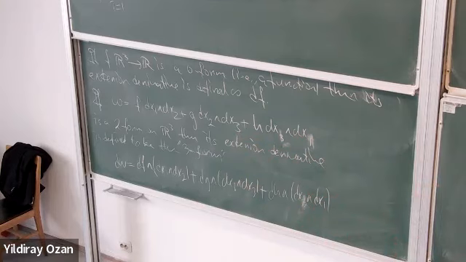So here, let's say dx1 wedge dx2 wedge dx3 is nothing but the determinant.